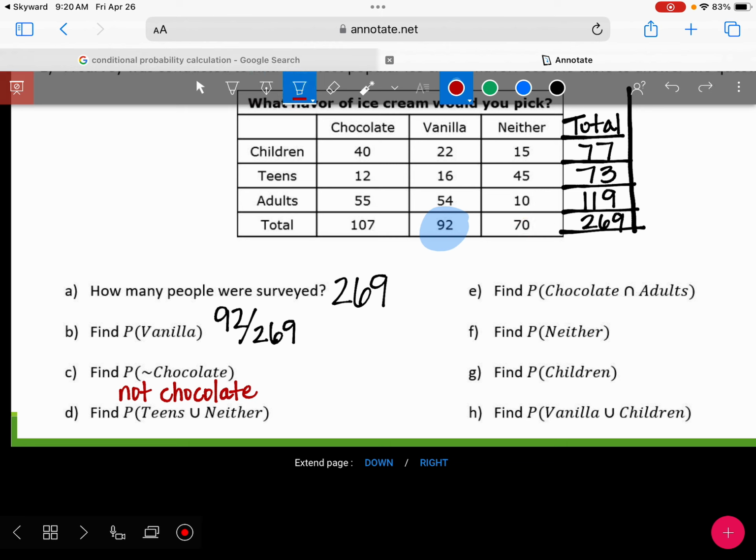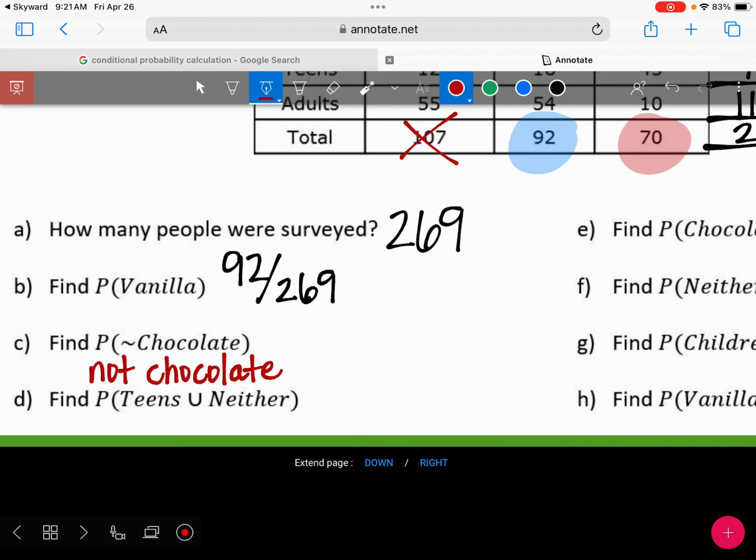Pick up your calculators and add these two numbers together. So in other words, we don't want these people. We don't want the chocolate because when you see that little squiggly, that means not. So what is 70 plus 92? So 162 over 269. That is your answer to question C.